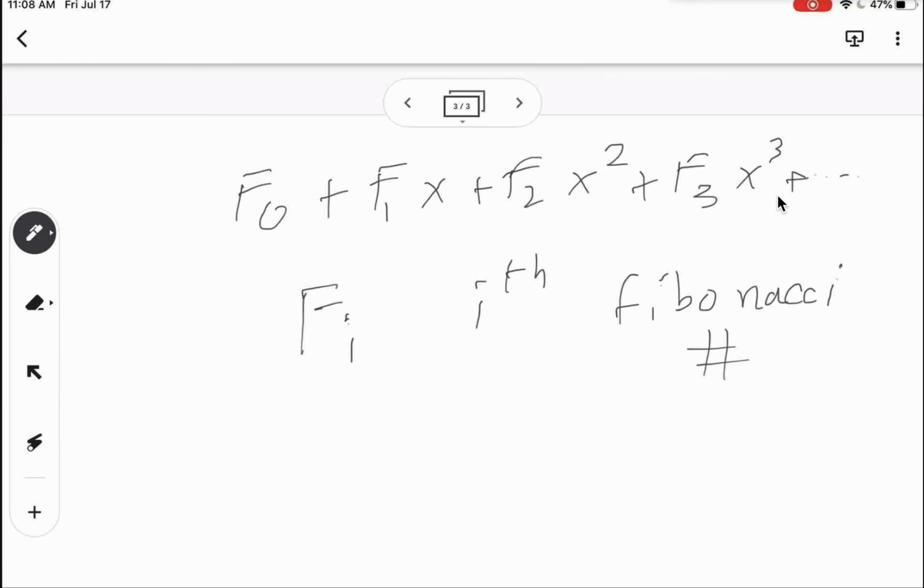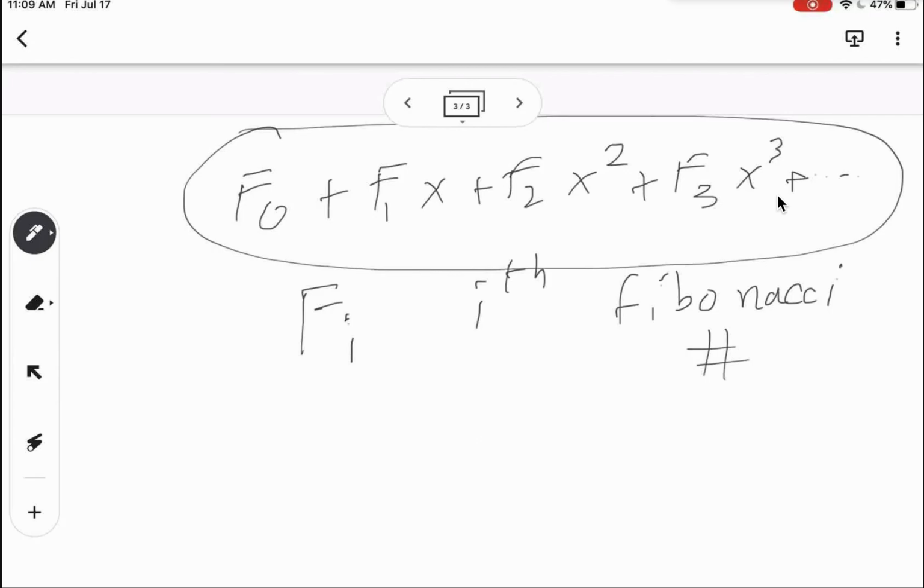Basically, we want to find what this is, and of course we want to use the fact that f of n equals f of n minus 1 plus f of n minus 2.